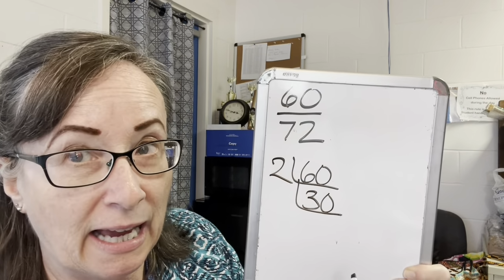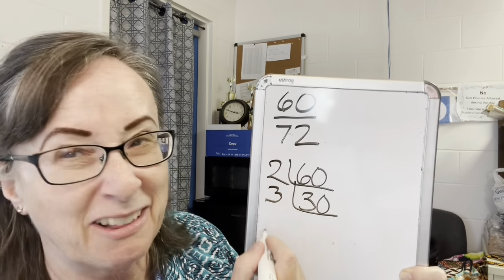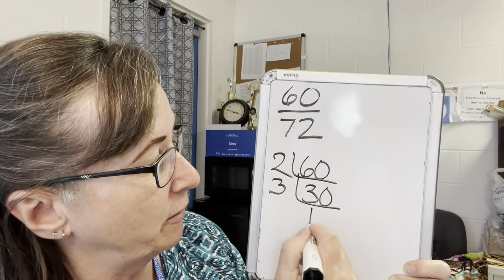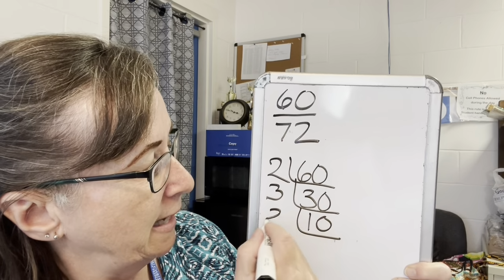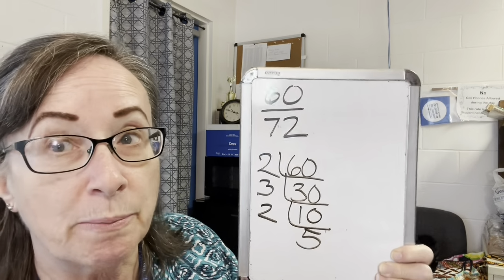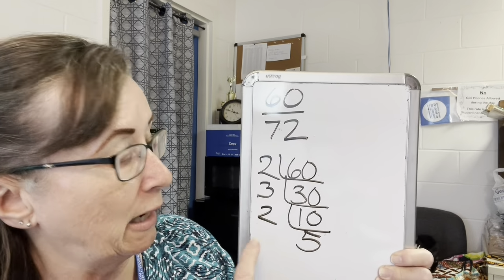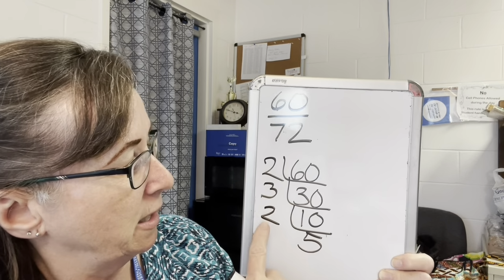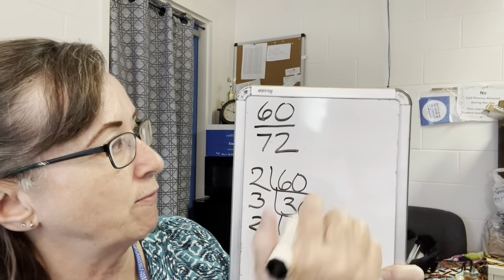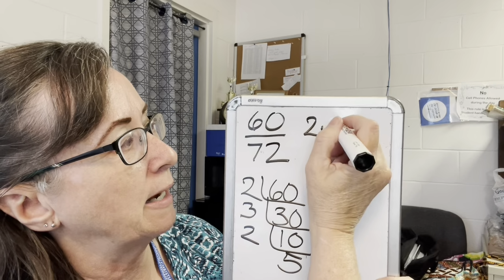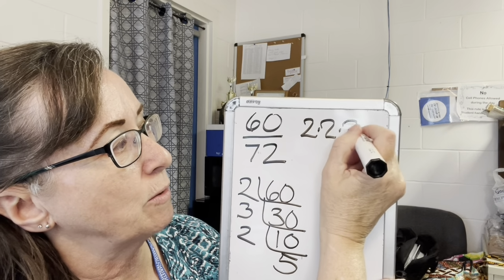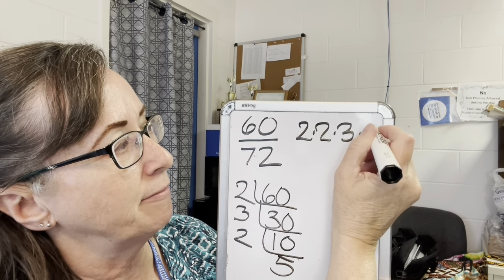And 30 has a 2, but it also has a 3, and 3 is easier. 3 into 30 is 10. 10 is 2 times 5. So remember, when I'm writing my prime factors, I always go least to greatest. 2 times 2 times 3 times 5.